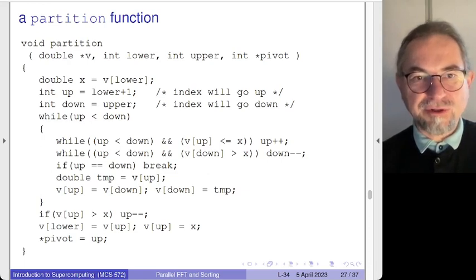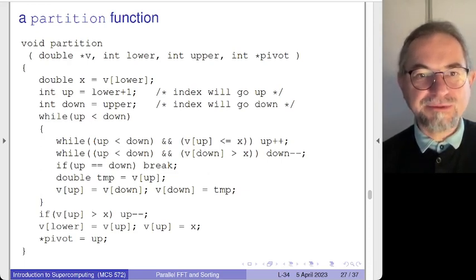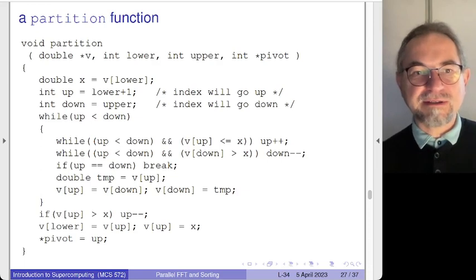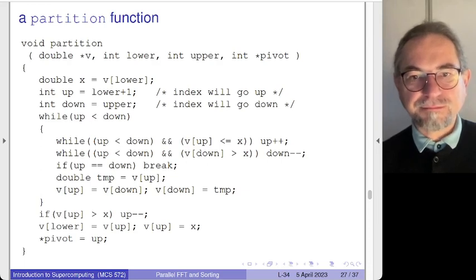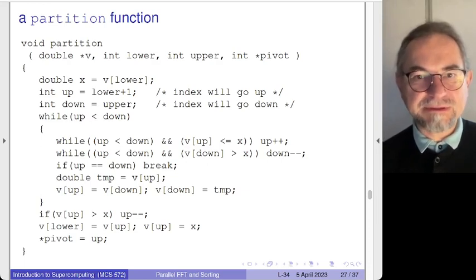They give the current element, so you start with the lower and upper bounds and you initialize the indices, and then the invariant is that the elements at lower and upper should be less than the pivot.